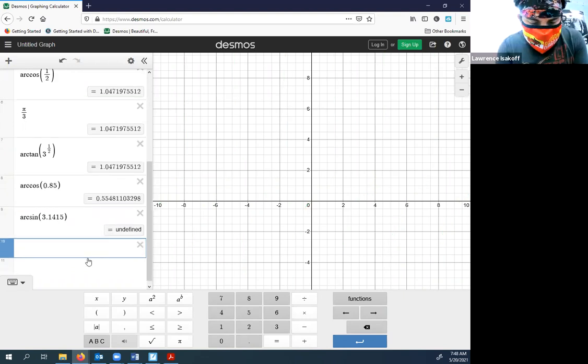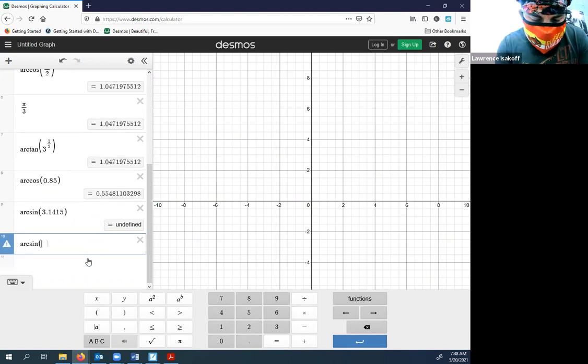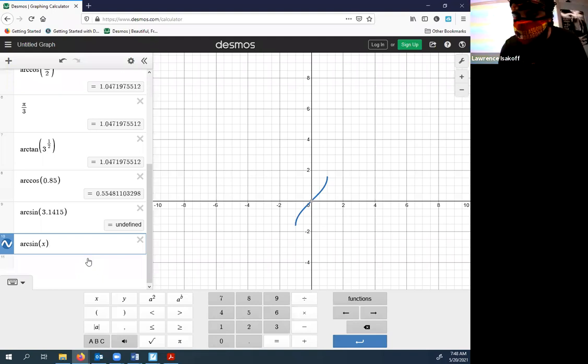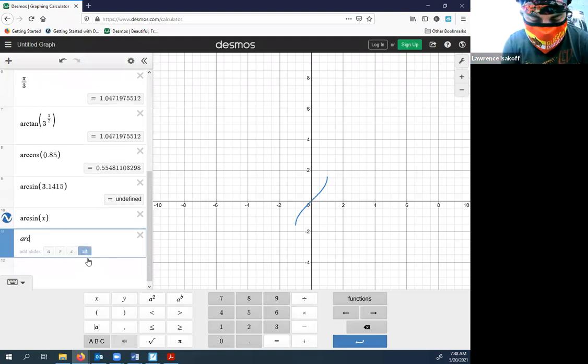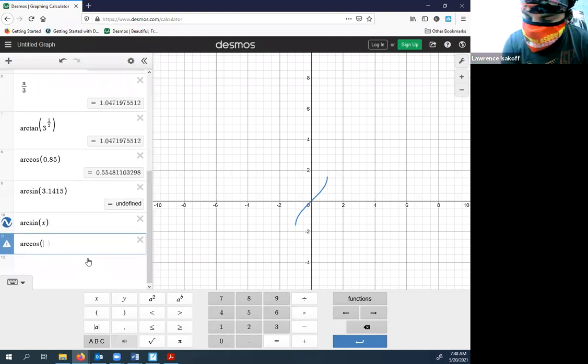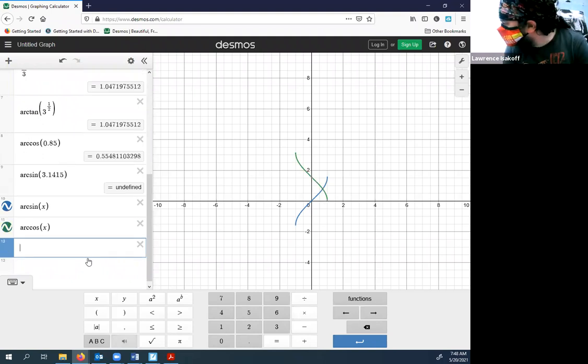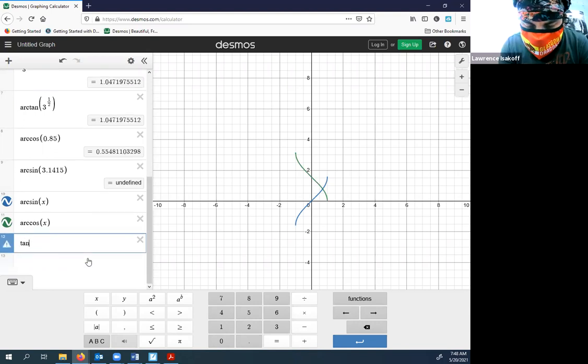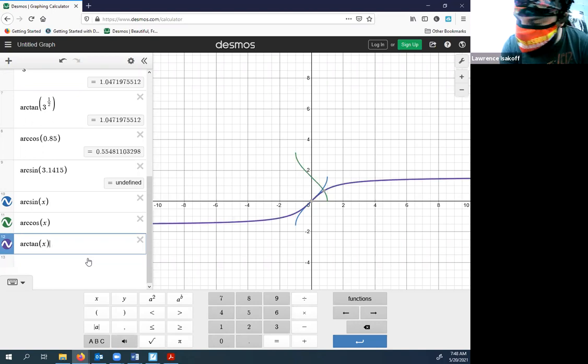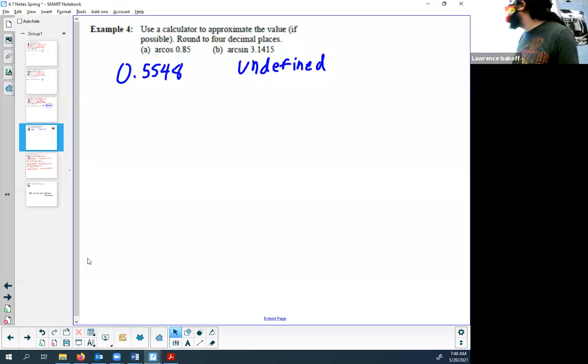If I did the arc sine of x, we get this little sliver of a graph. Same with arc cosine. Arc tangent is not such a little sliver, as we'll see. Arc tangent kind of looks like a sideways cubic function, or actually a cube root function would be a better way to describe that.